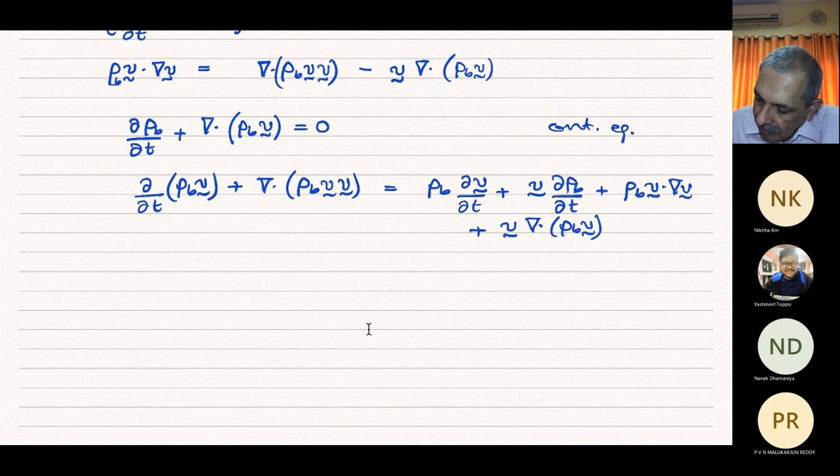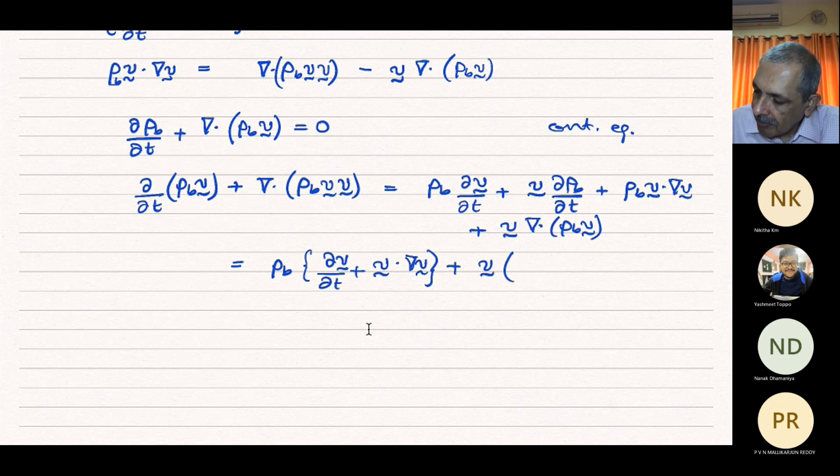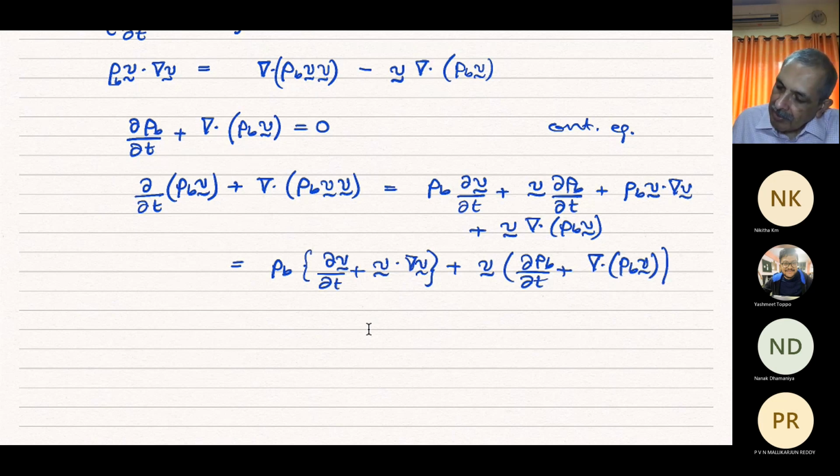So this I'll write is just equal to rho b, plus V into del rho b by del t plus divergence of rho b times V. So you see this? From the continuity equation, you can see that this term is just equal to 0.